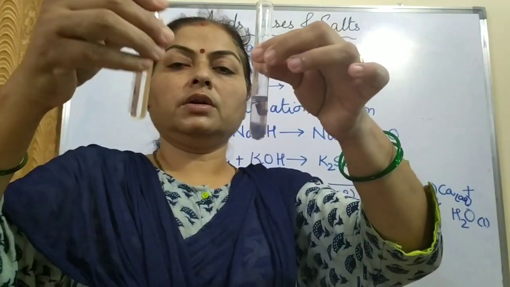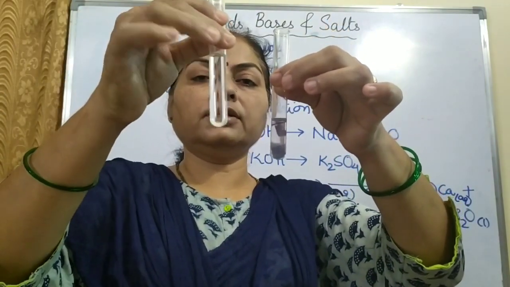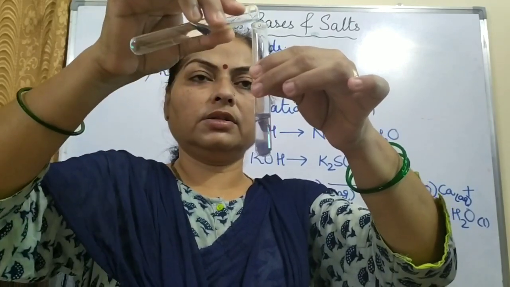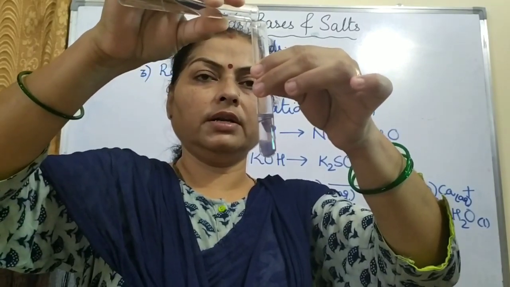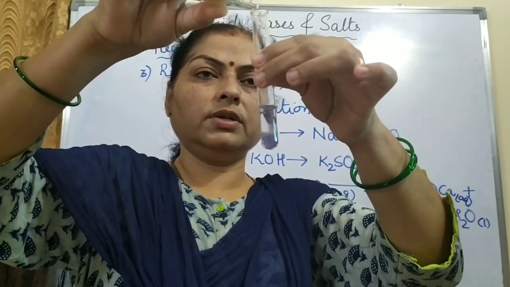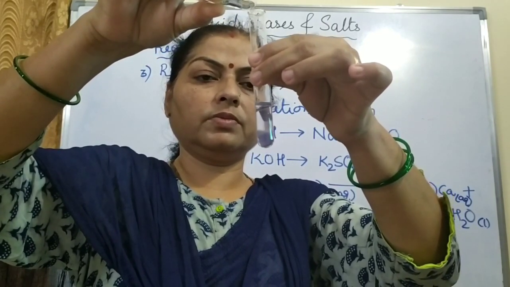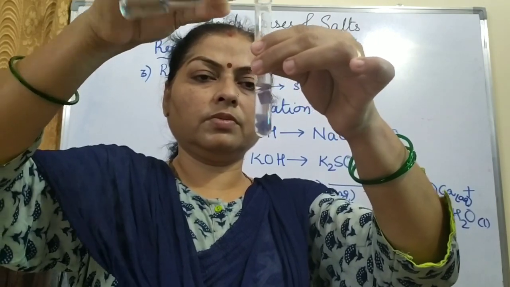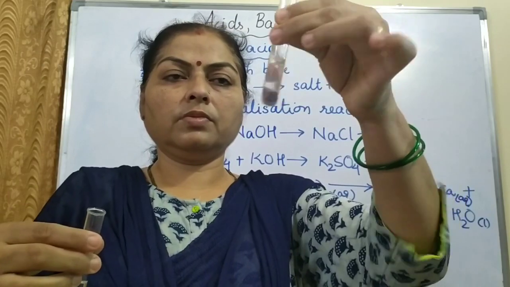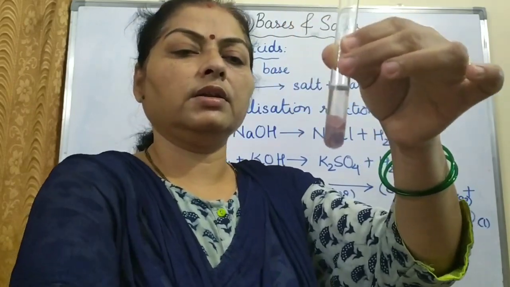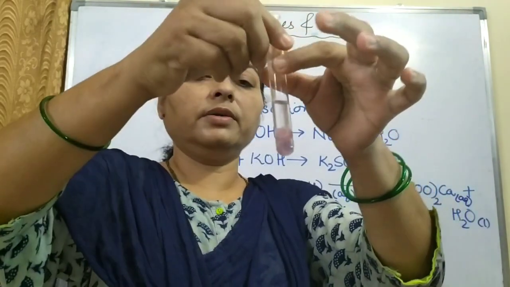Now this other test tube contains vinegar, that is acetic acid. I'll start pouring a small quantity of vinegar into this test tube. You can see the color again changes to red.